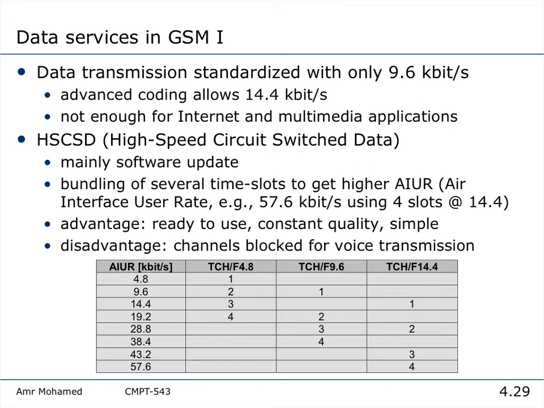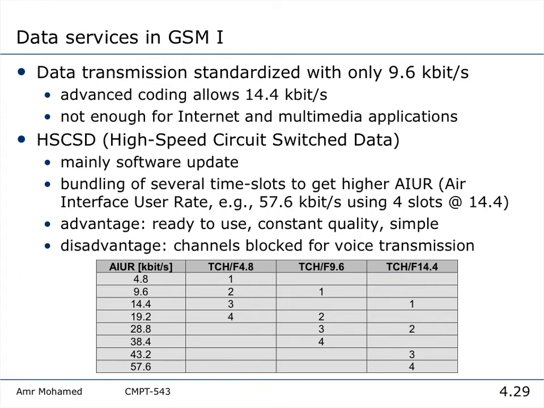So you have now 4.8, and you have 9.6, and you have 14.4. So these are different bundles of these physical channels. And 2 of these channels correspond to 1 of this channel. 4 of these correspond to maybe 1 or 2 of these, and so on.